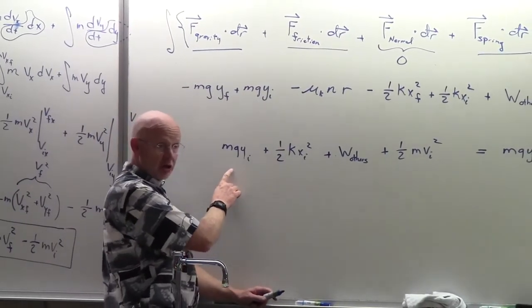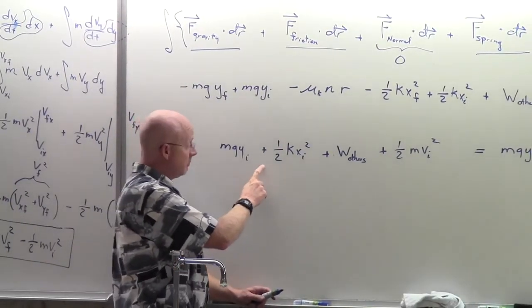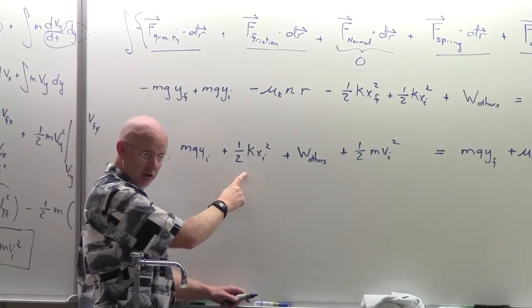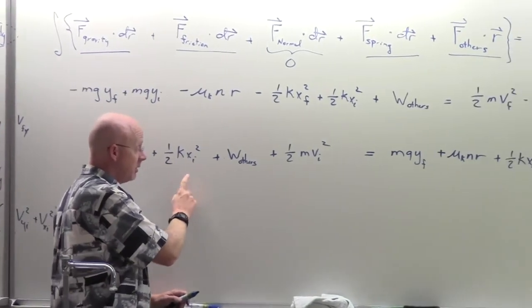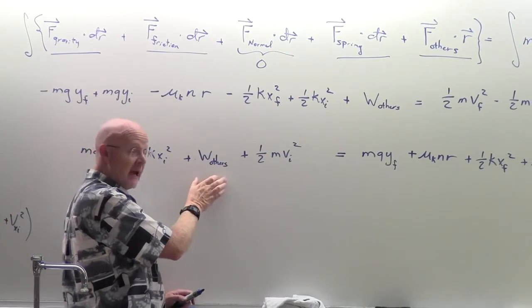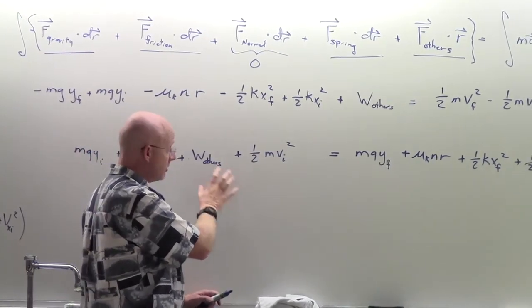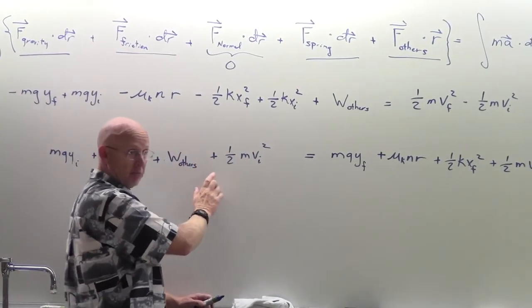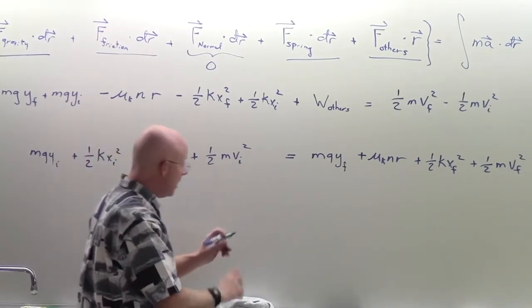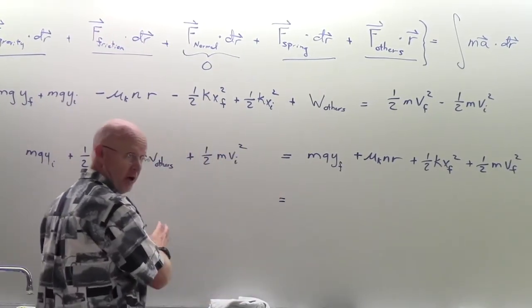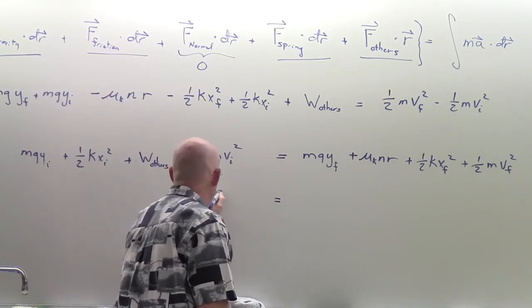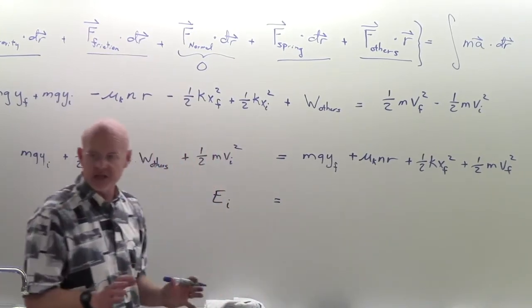Well, the initial energy here plus the initial energy here plus any, I'll call added energies, which I'll just leave that one alone there, plus the initial kinetic energy. Isn't this over here what I would call the initial energy of the whole system?